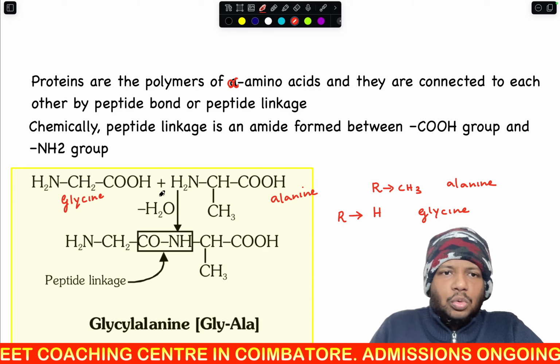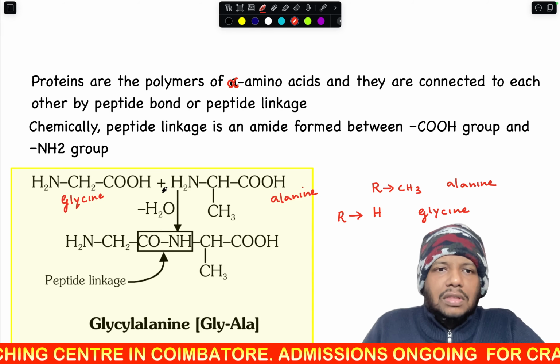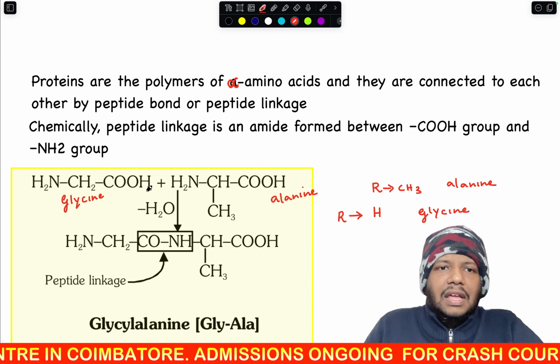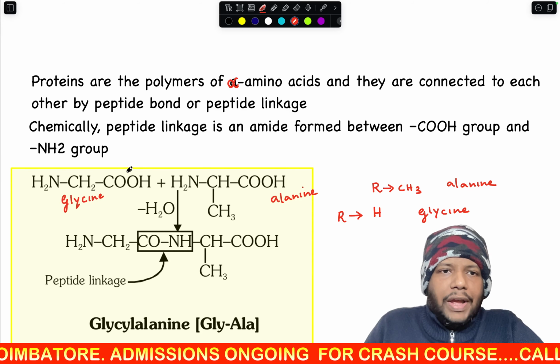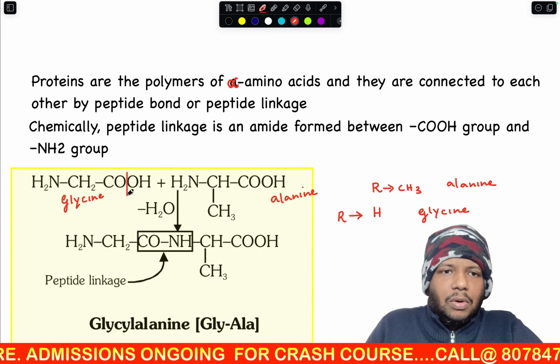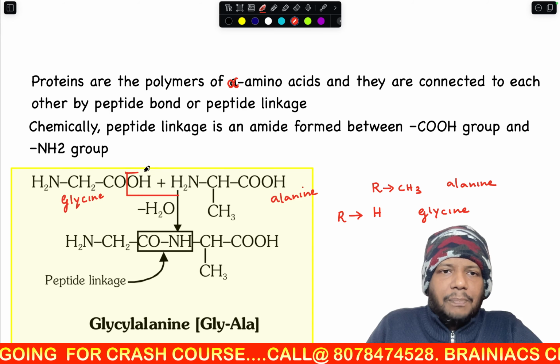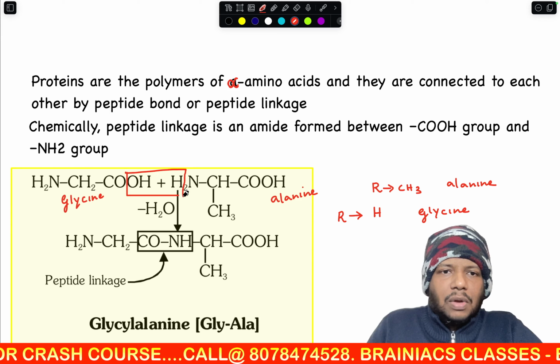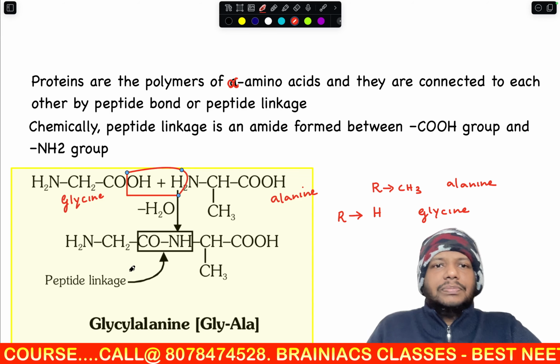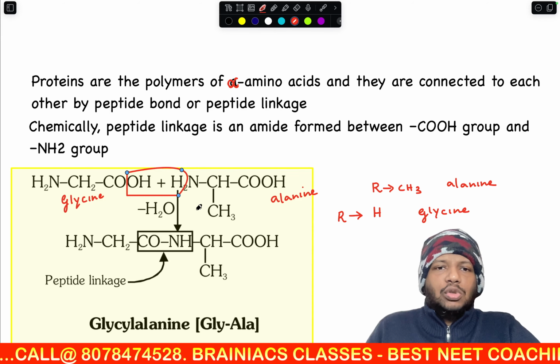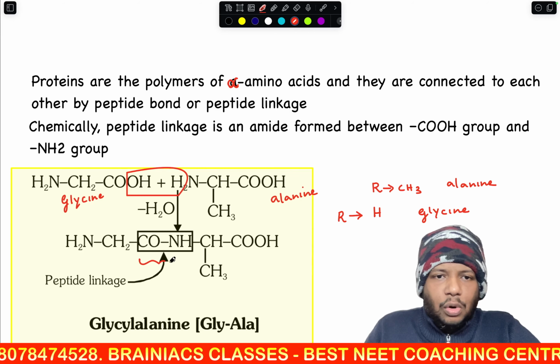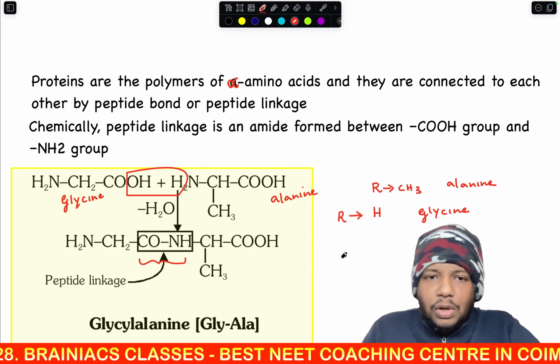So when these two are reacting, what is happening? The water is eliminated like this. I can say OH from the carboxylic acid is removed with hydrogen from the NH2 group. Okay, one hydrogen would be removed. So what you will get, H2O would be eliminated and there is a CONH. CONH2, we know it is amide.